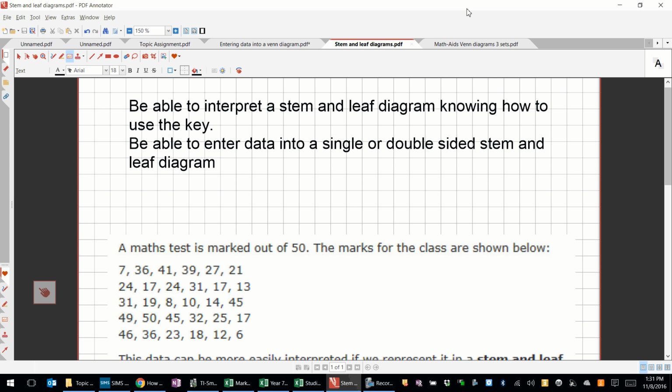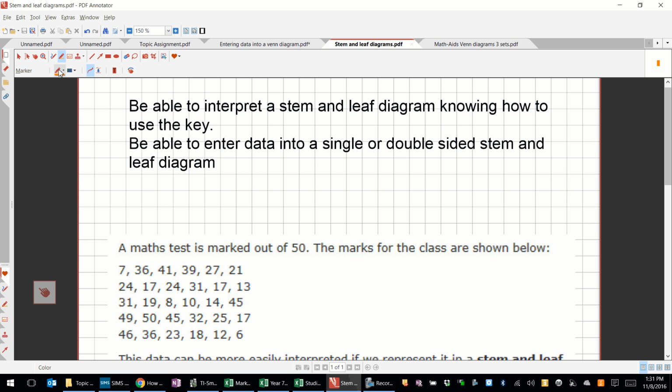So what we're going to do is go through how we use a stem and leaf diagram, first to order our data, like I said, put it in some sort of order, and then it will display things that we need to know. Alright, so there's two parts to a stem and leaf.